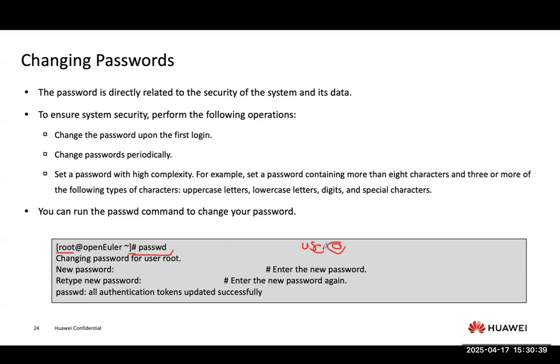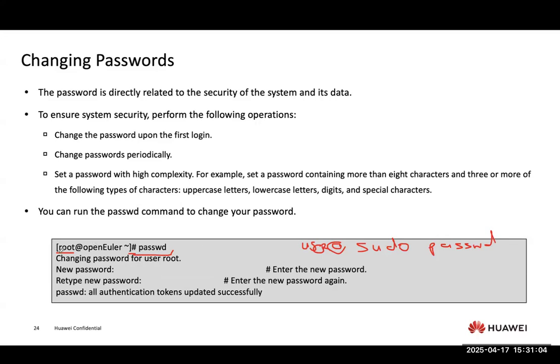Let's make an example here. I have my cursor here. And then what you would see here, you would maybe have to type sudo, which is short for superuser do. And then you would type passwd. So you would type that, passwd, and then that will now allow you to change your user's password.